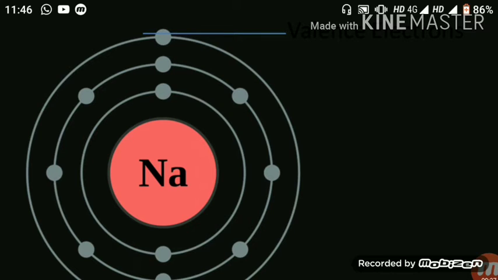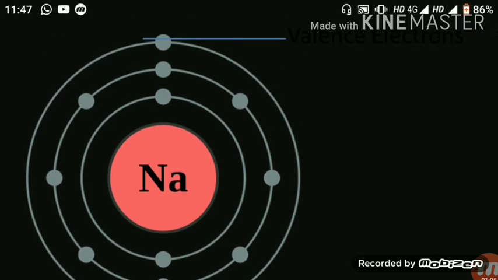Okay, all protons are present in the nucleus only, but the electrons are distributed in the shells. So in the first shell there are 2 electrons. In the second shell, how many electrons are there? 1, 2, 3, 4, 5, 6, 7, 8. There are 8 electrons, right? And in the last shell, there is only 1 electron.